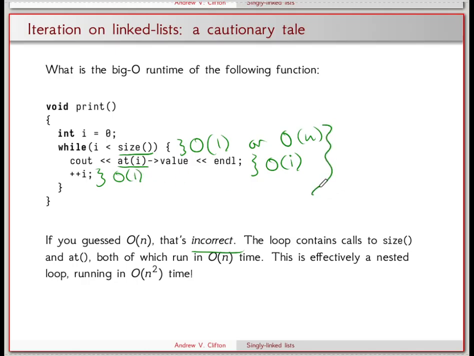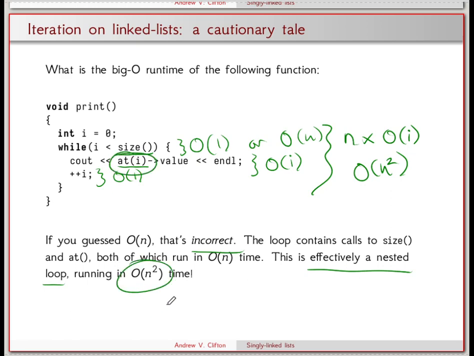So this loop is going to be n times O of i, which works out to O of n squared. It's that same triangular shape that we saw before, where i is getting bigger and bigger and doing more and more work as we go down. So even though we didn't literally write a nested loop, we effectively did, because there is a loop inside of the at function, turning this into O of n squared.